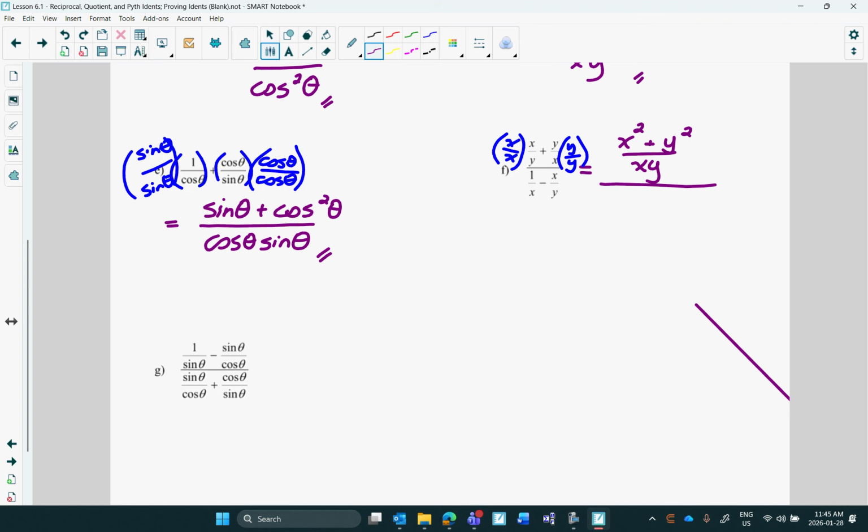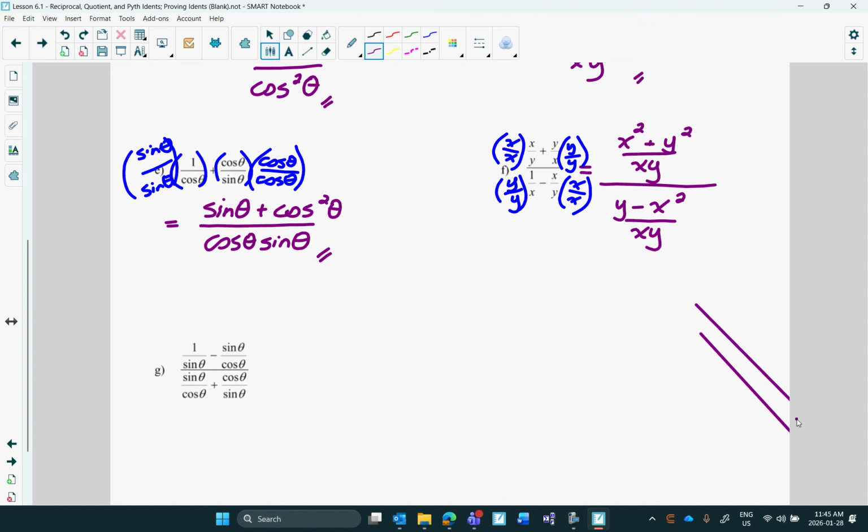Lowest common denominator at the bottom, xy again. So this first one has to get multiplied by y over y. The second one has to get multiplied by x over x. So what do I end up with as my numerators? Y minus x squared.